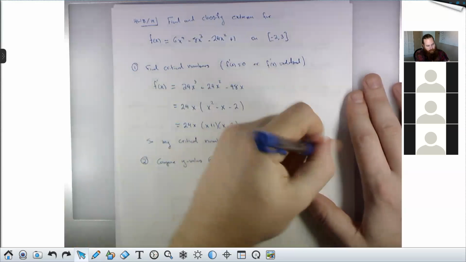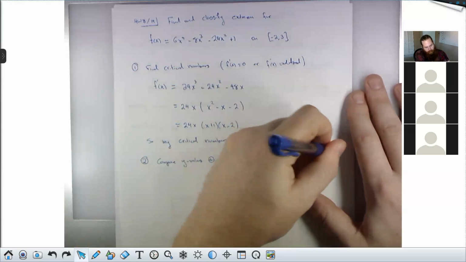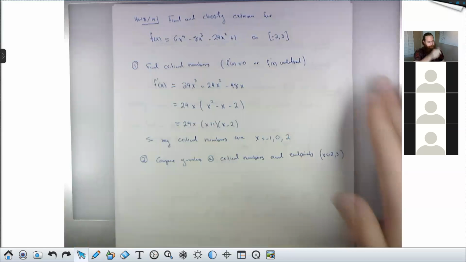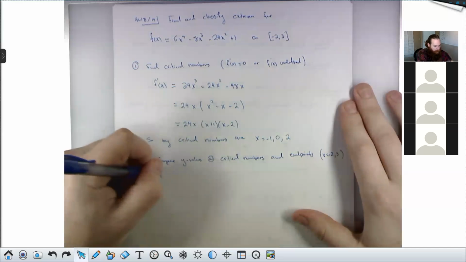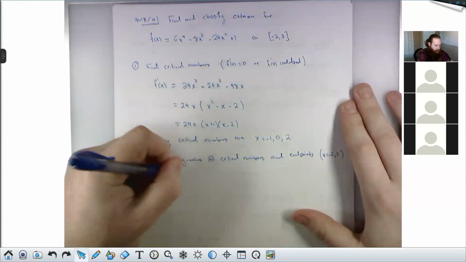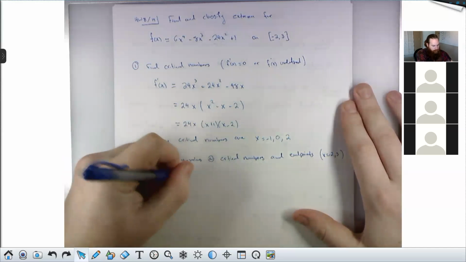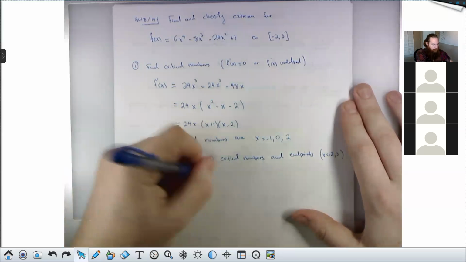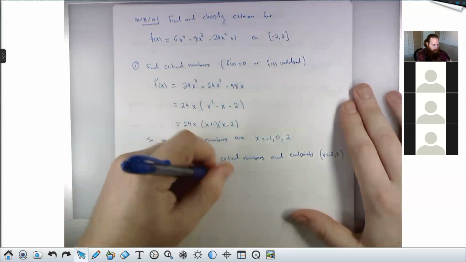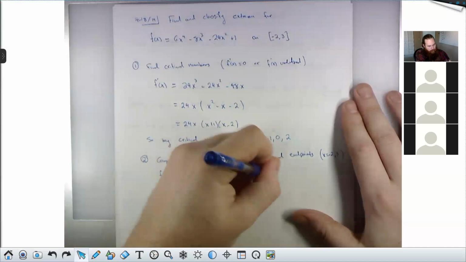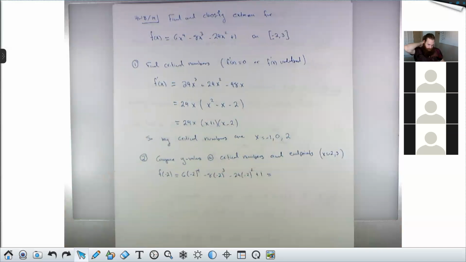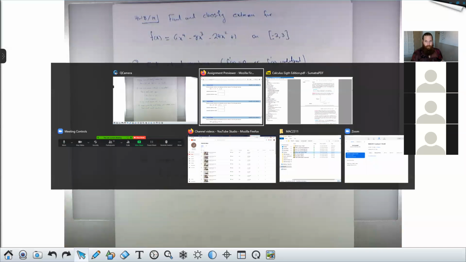So the endpoints here are x equals -2 and +3. So let's go ahead and do that. F of -2 is 6 times -2 to the 4 minus 8 times -2 cubed minus 24 times -2 squared plus 1, which is what? I'm going to be lazy here.